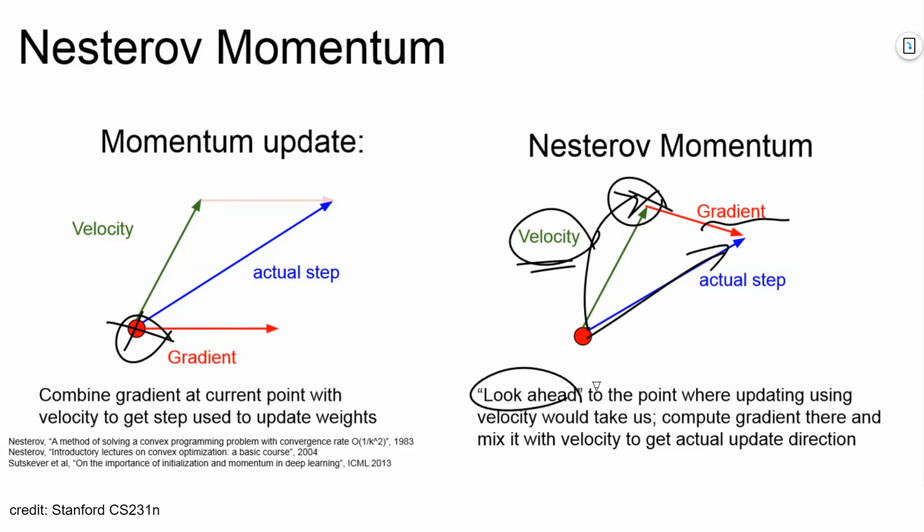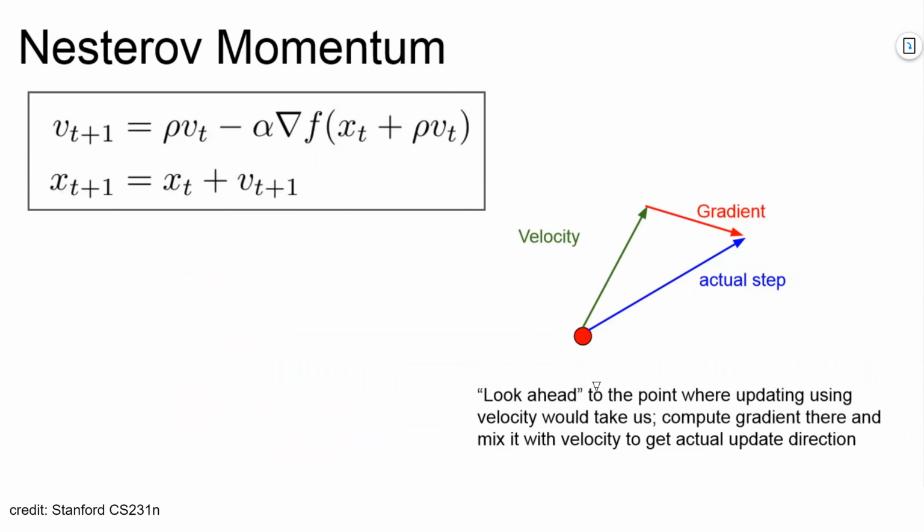You could think of Nesterov momentum as a look-ahead version of naive or basic momentum. The equation is like this. Rather than xt, we are adding this velocity here, so we are calculating the gradient at the point where our velocity is pointing.